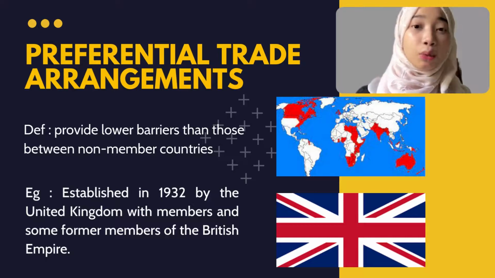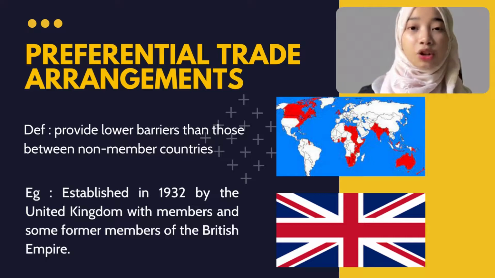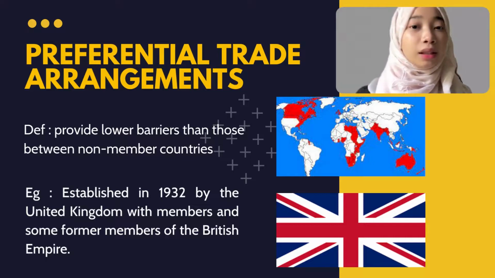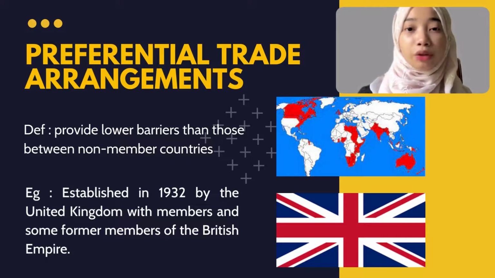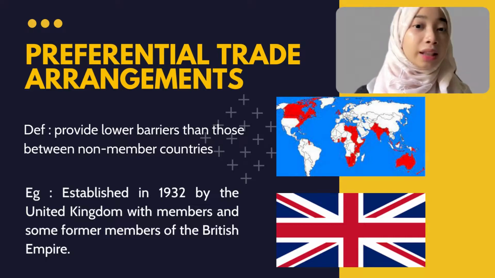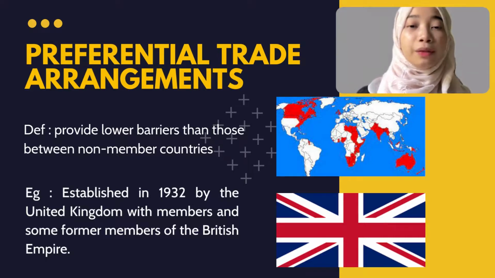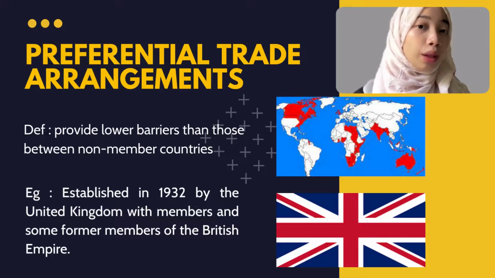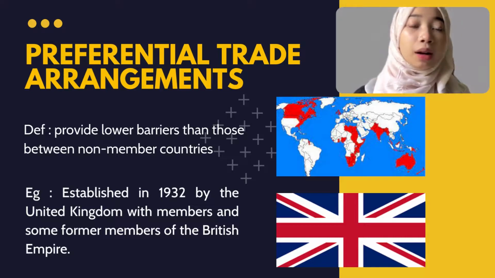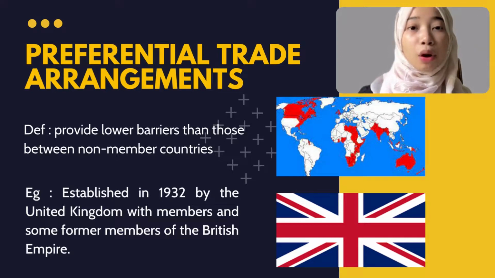We are just lowering the barriers with only participating nations. This is the loosest form of economic integration. The best example of a preferential trade agreement is the British Commonwealth Preference Scheme, established in 1932 by the United Kingdom with members of and some former members of the British Empire.